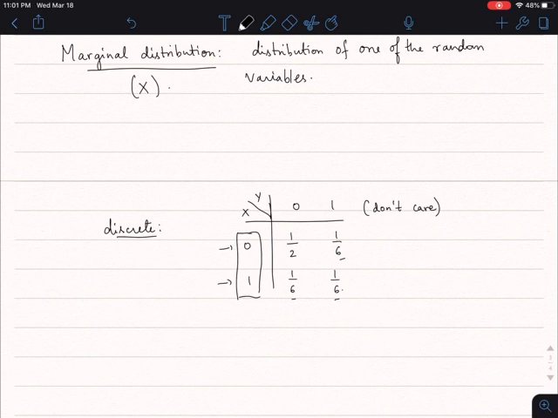The way to do it is to simply say the probability that x equals 0 is 1/2 plus 1/6, because x equals 0, y equals 0 is half, and x equals 0, y equals 1 is 1/6. So the probability that x equals 0 is half plus 1/6, which turns out to be 2/3, and the probability that x equals 1 is 1/3.